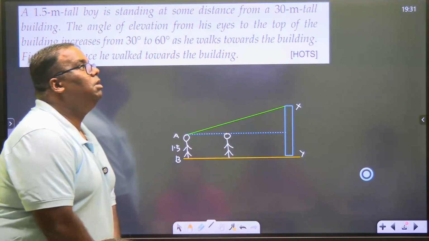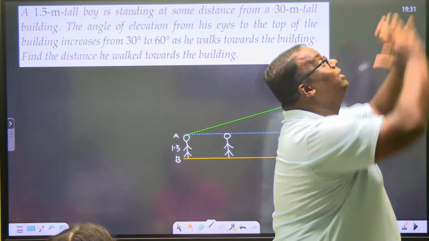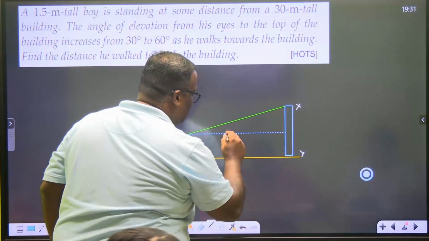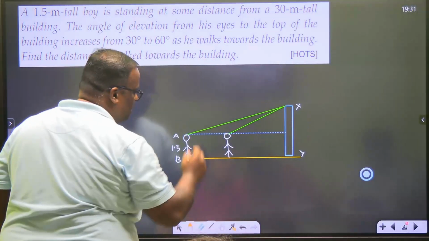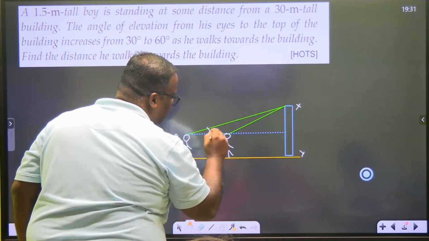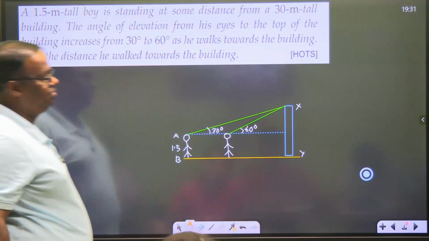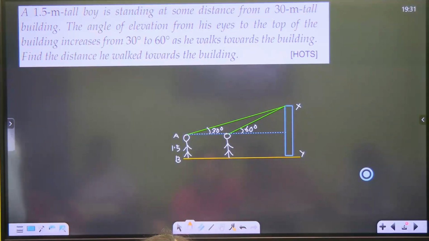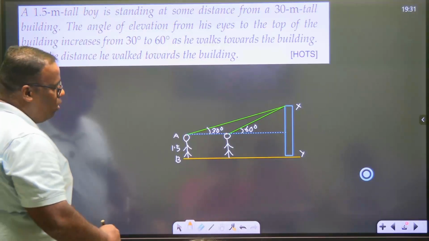See, he is seeing the building like this now. Increases. So increases from 30 degree to 60 degree. So my bacha, if this is 30 degree, this is 60 degree. Agreed or not? Right? As he walks towards the building, find the distance he has walked.